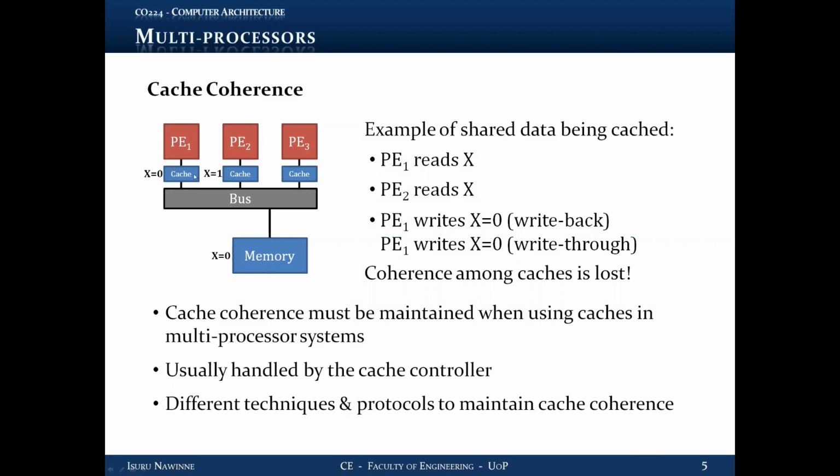The latest updates are not being seen by these other processors because they have old data cached. So we have to address this problem. Cache coherence must be maintained, right? We can't let caches contain incoherent data if we want to perform parallel processing with communicating programs.